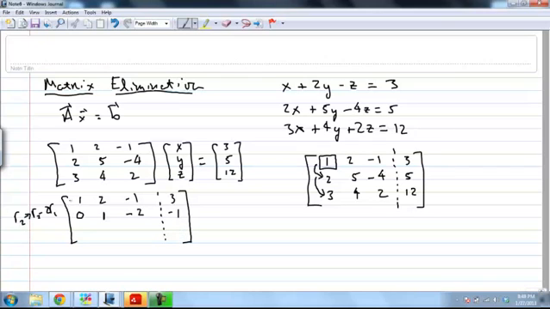My next step, again using my first pivot, I will eliminate the position in the third row, first column. So here row 3 is going to go to row 3 minus, I'm sorry, minus 3 times R1.